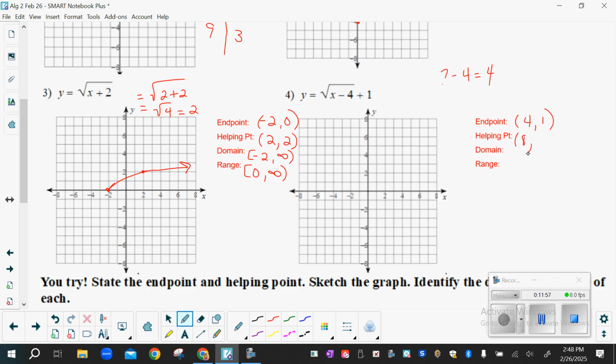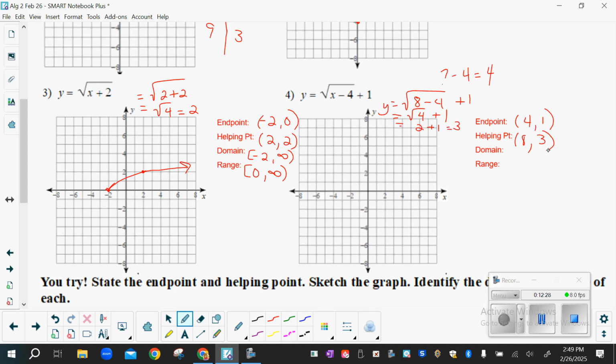So now I need to plug that 8 in there. So now I'm going to get y equals the square root of 8 minus 4, plus 1. So simplifying inside that square root, 8 minus 4 gives us 4. So we have the square root of 4 plus 1. Back here in this group again, what do I get? 3. Yeah, 2 plus 1 is 3.